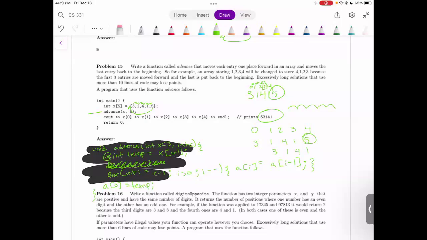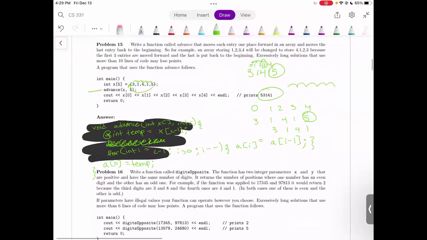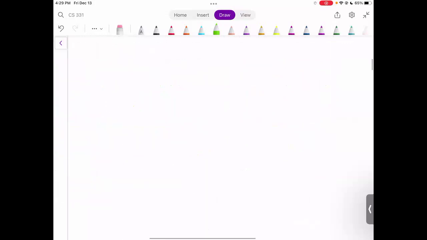Oh, I see. Okay. String functions are this. So it's dot substring, dot find, dot rfind. There's dot insert, dot replace.